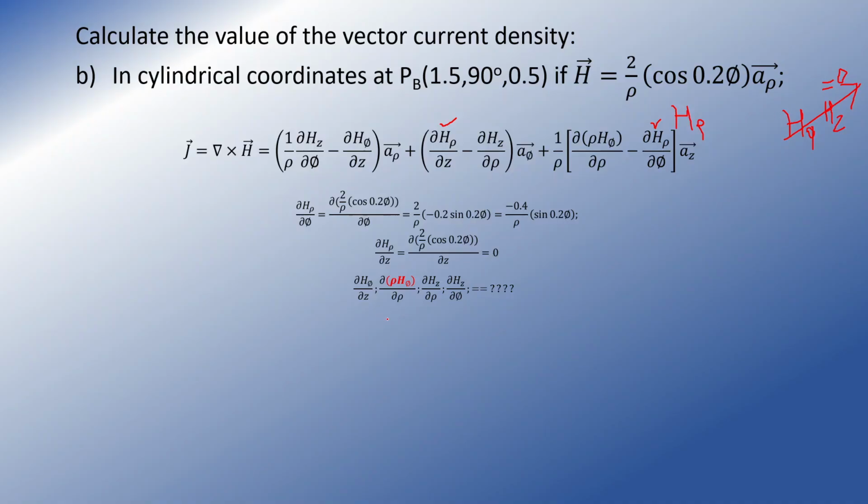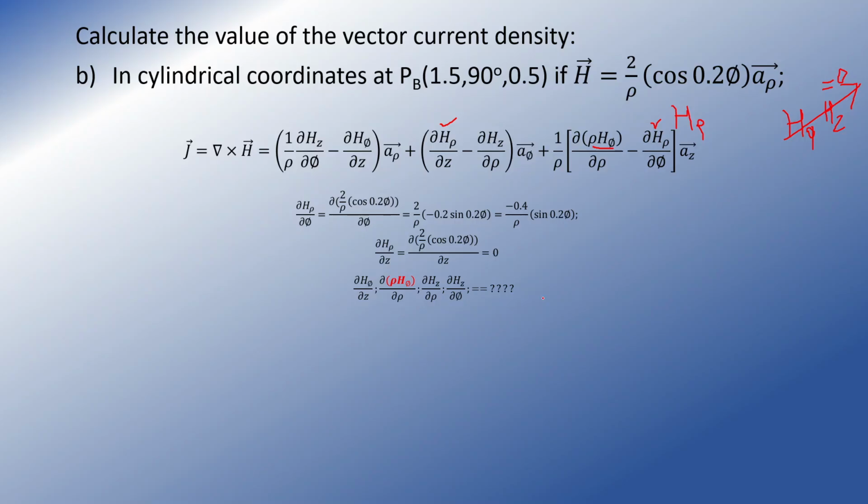Please see here, this particular term in the formula is rho H phi. So if the H phi component was given, multiply that by rho first, then do the differentiation. That is why this is shown in a different color, so that it can be a very clear indicator. So now we understood these 4 derivatives are 0.